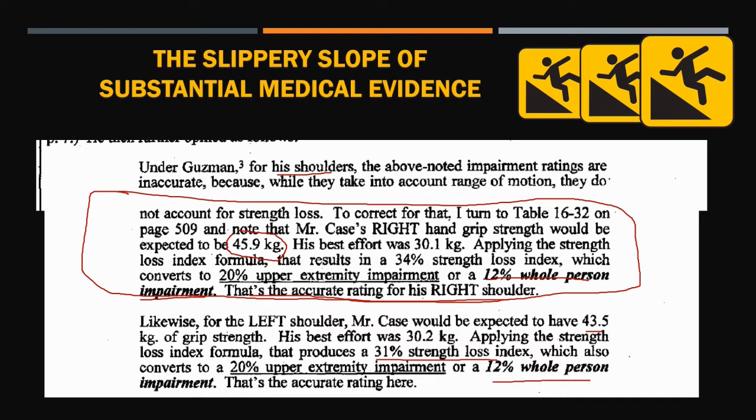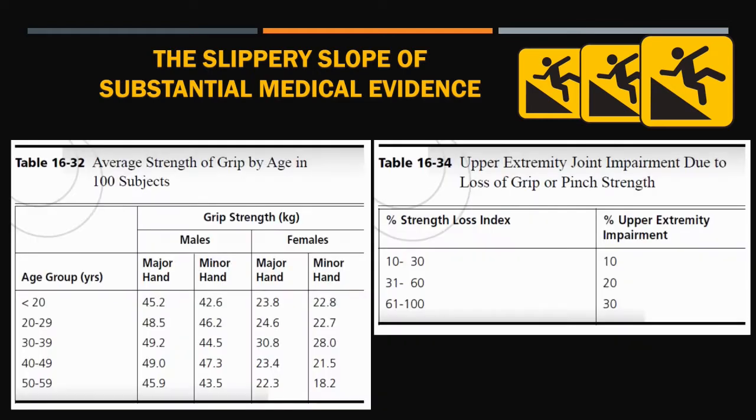So by using loss of strength rather than loss of range of motion as the impairment method, the total whole person impairment was basically quintupled compared to the impairment rating provided for by loss of range of motion. And here are tables 16-32 and 16-34.